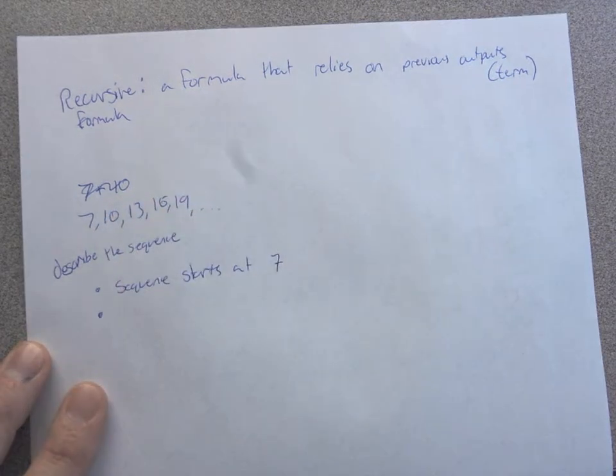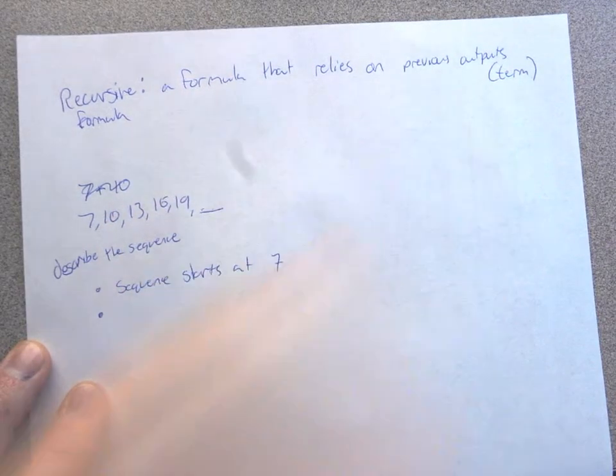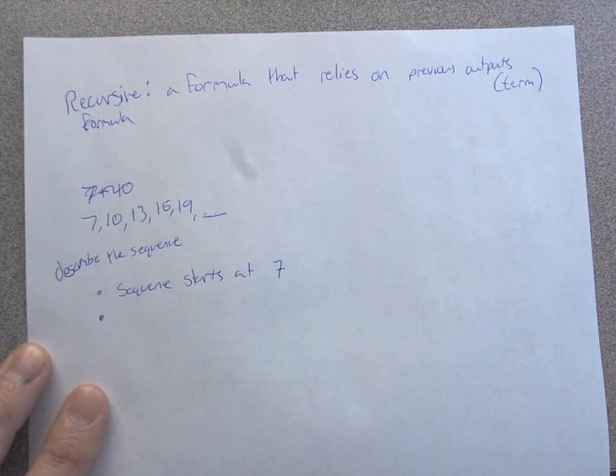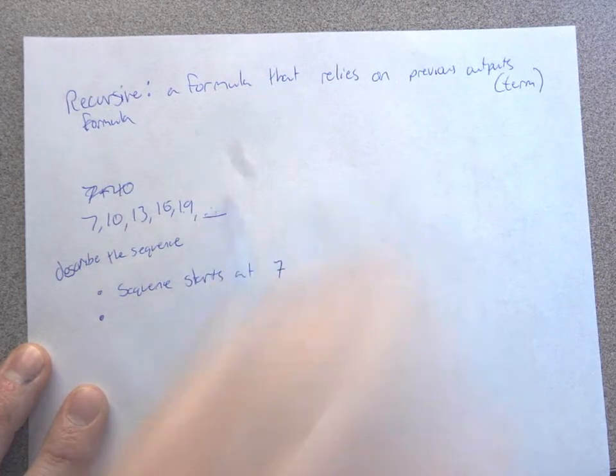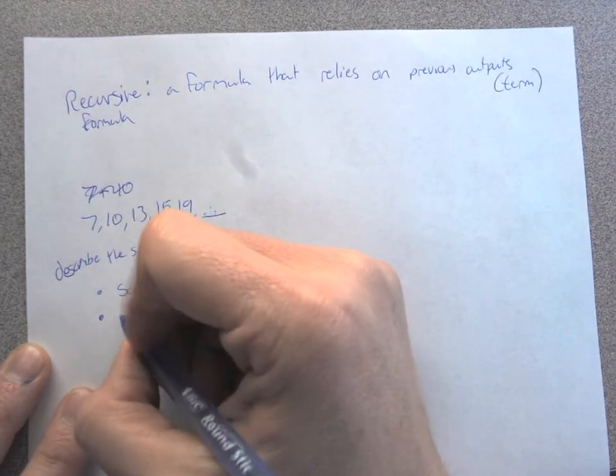You also might describe what's happening. So if I were to ask you, okay, how are you going to find term 6? You might say, well, take term 5 and then add 3 to it, right? So you basically are going to say, take the one before it and add to it. So you would say something like this.